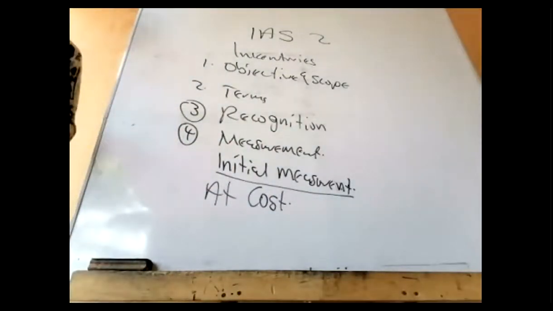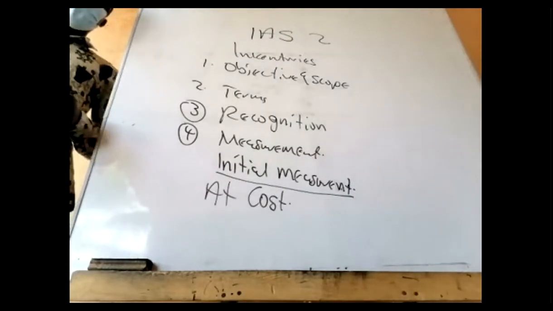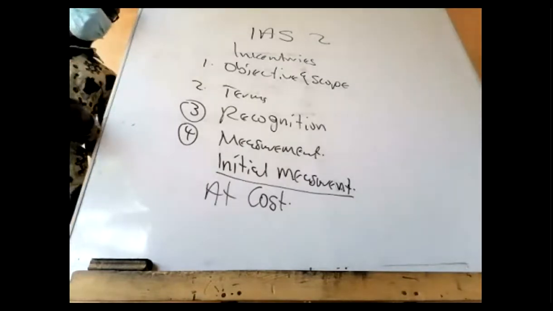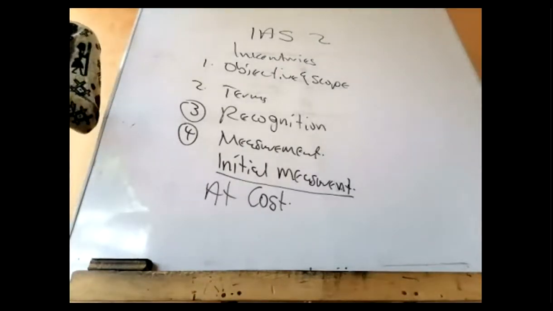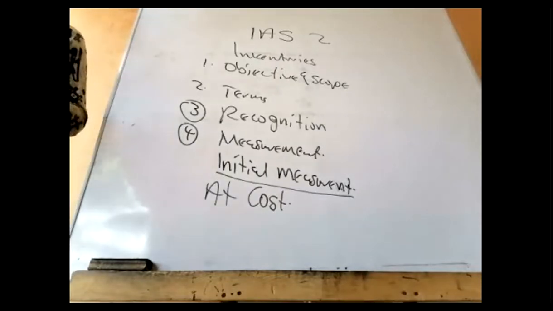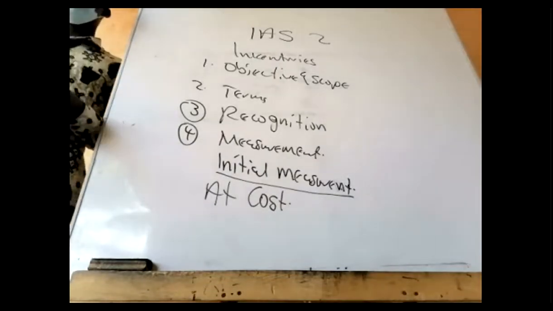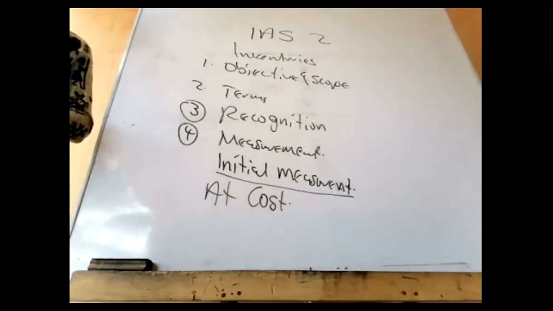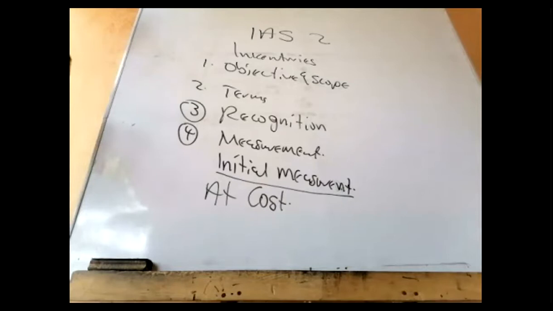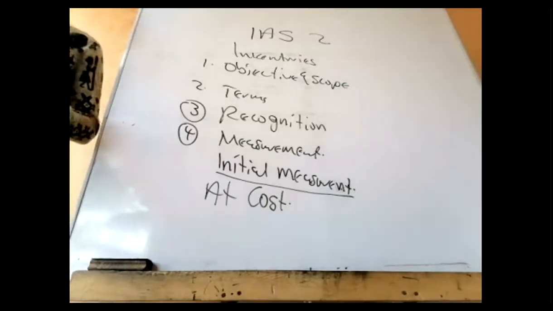We said our costs just include the cash and cash equivalent and the fair value of other consideration transferred to acquire the goods for the inventory. That's the cost that we're talking about.